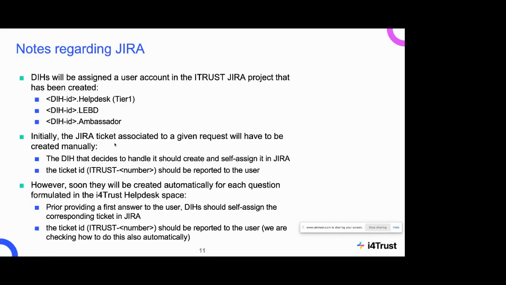It is iTrust and not i4Trust, because apparently we cannot have a number. Atlassian doesn't allow you to have a number in the name of a project within Jira. And you will have essentially three kinds of users.